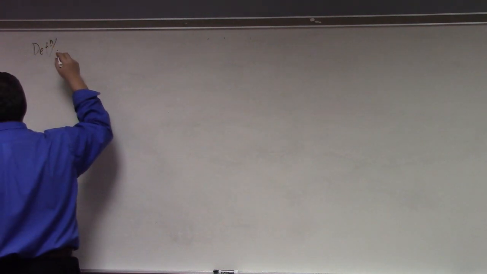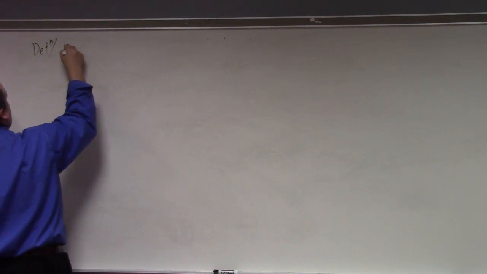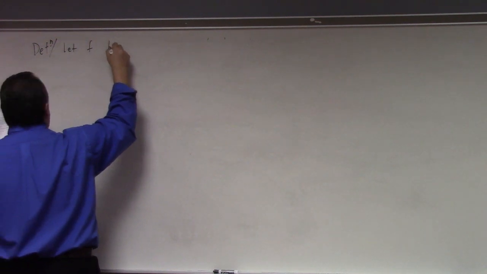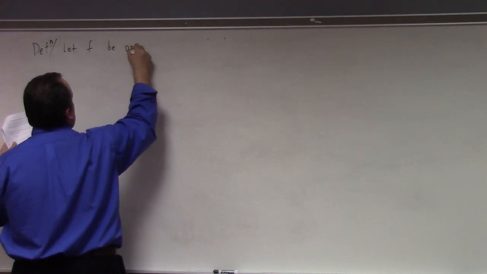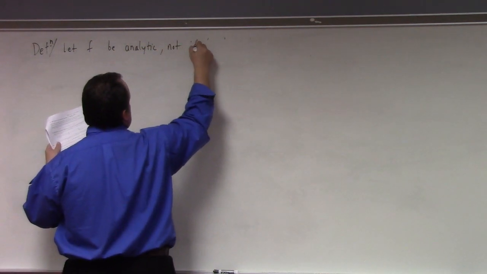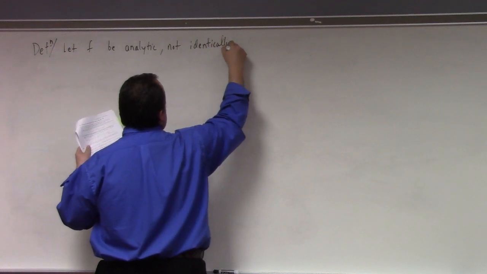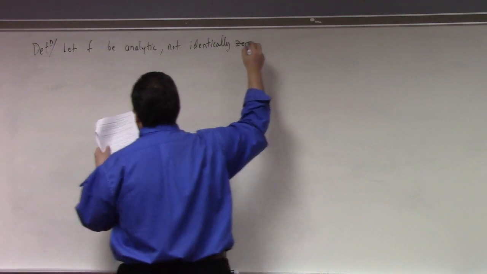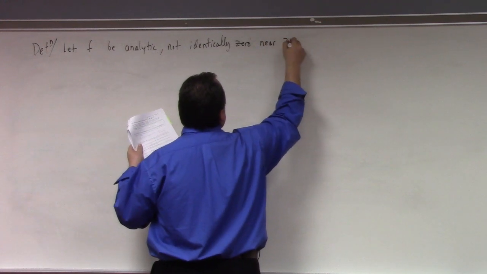So let me move on here. I need to make another definition. You're like, another definition? Yes. This one is especially interesting to my taste. Let f be analytic, not identically 0, near z equals z naught.